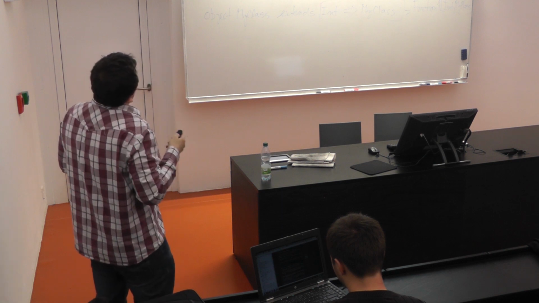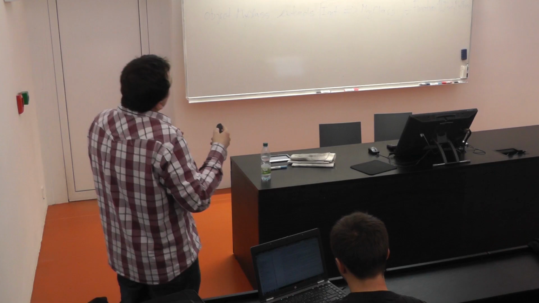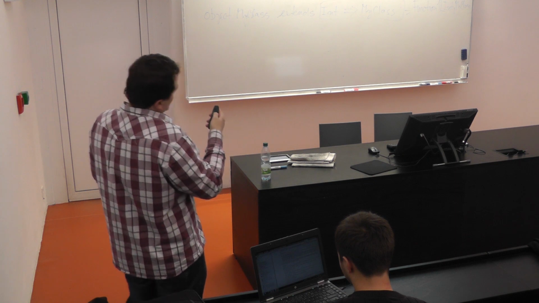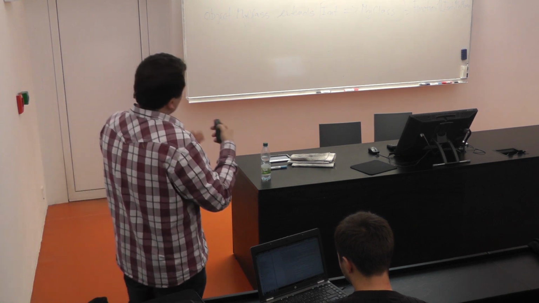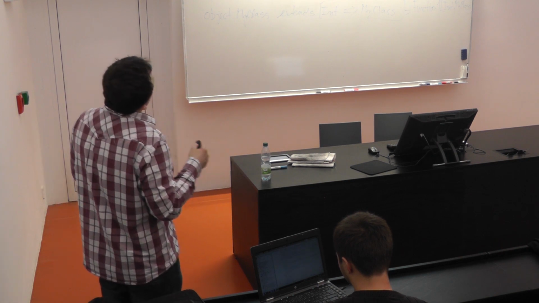So there are interfaces or traits Function1 to Function22, and in the JVM up to Java 7 there is really nothing else you can do but to compile those lambda expressions to inner classes of the classes where you define them. So if you look at the classes produced by the Scala compiler, if you use functional programming and function literals, you will see many classes with funny names like this.